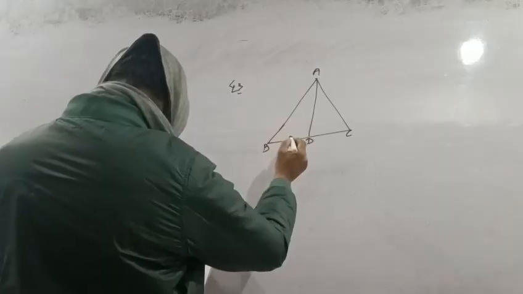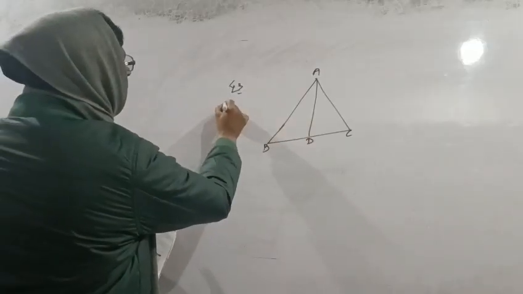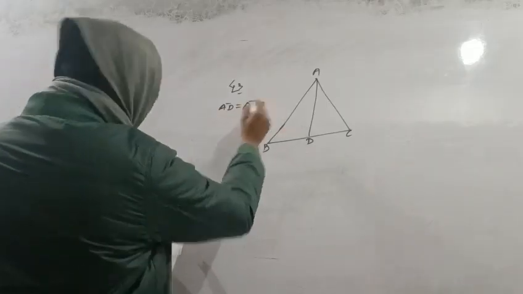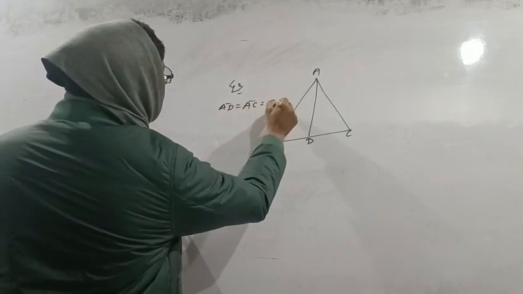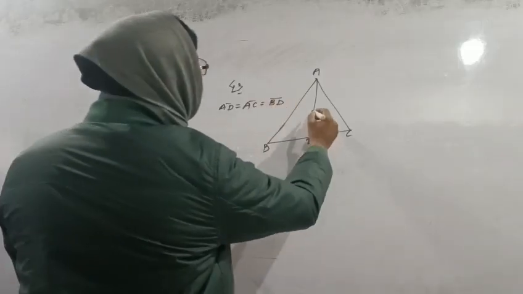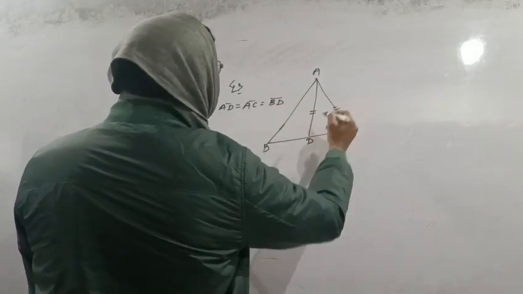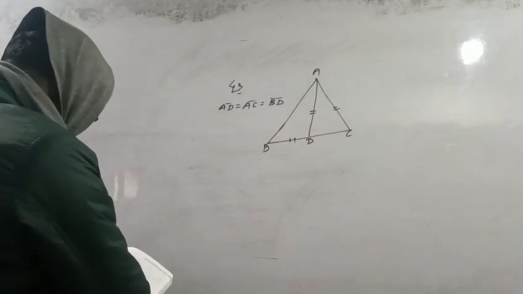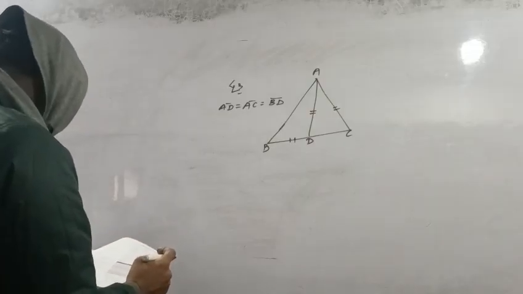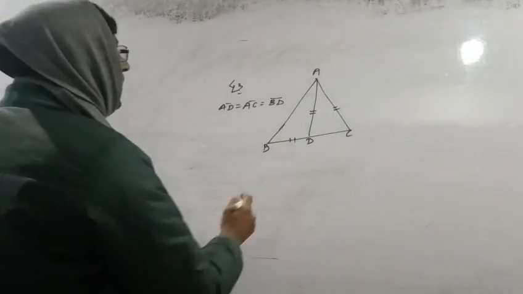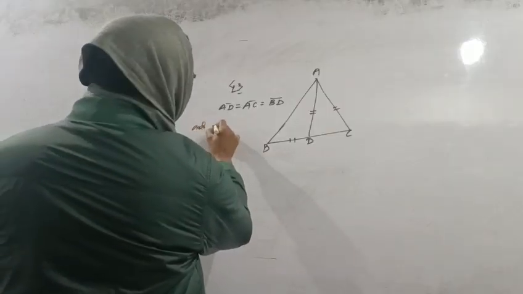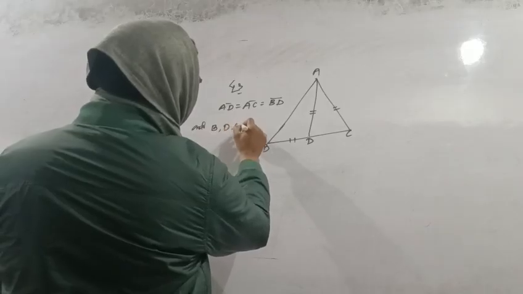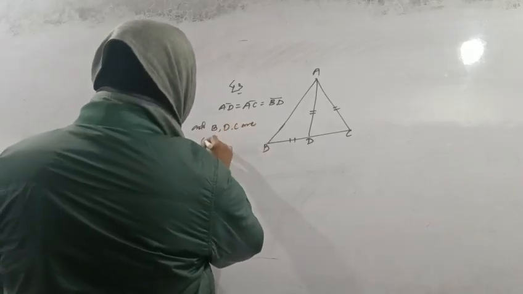AD is equal to AC is equal to BD. Okay, and B, D, C are collinear points.